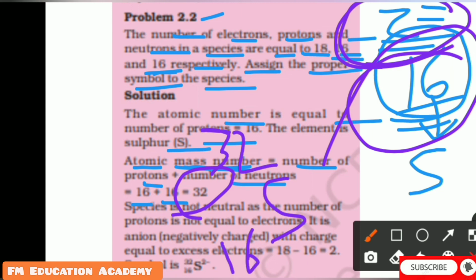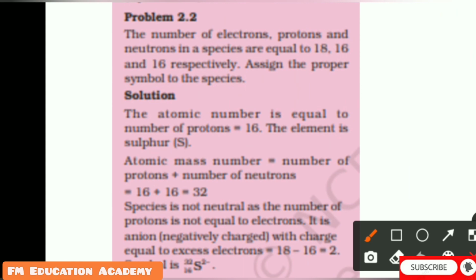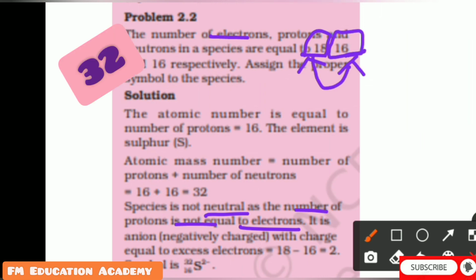Apart from that, if we want to know whether sulfur is negatively charged or positively charged, how to know that? The species is not neutral as the number of protons is not equal to the number of electrons. Here we see it is given that the number of electrons is 18 but the number of protons is 16. So what is the difference between the number of electrons and the number of protons? 18 minus 16, that is 2.